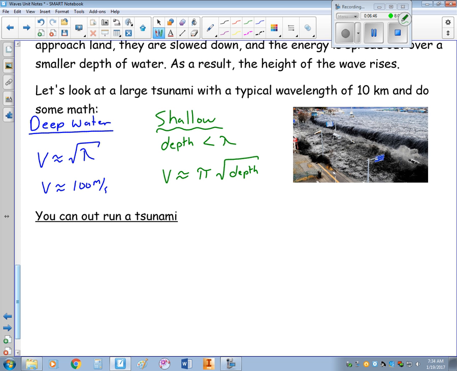So basically, as that becomes smaller, the velocity is going to slow down. It's going to become a lot slower than 100 meters per second.